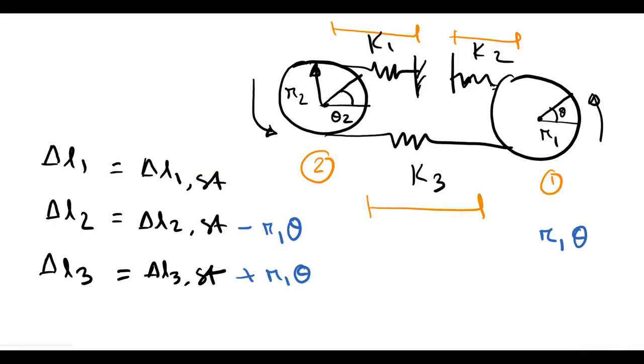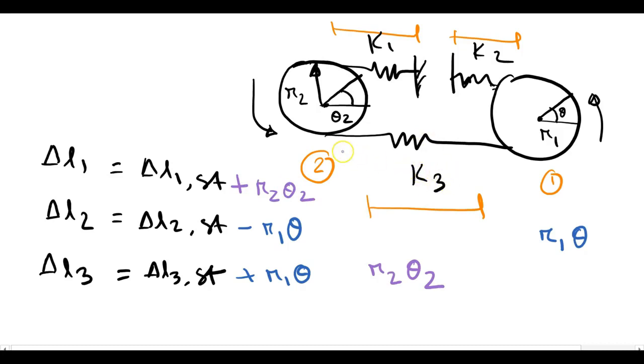Now let's consider our second case where pulley 1 stays still and pulley 2 is moving at an angle theta 2. So the displacement it will have is r2 theta 2. Now what will be the effect on the springs? Let's consider K1. K1 will extend, so we write positive because it extends, and the amount of displacement is r2 theta 2.